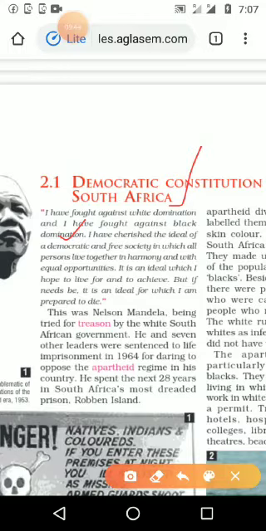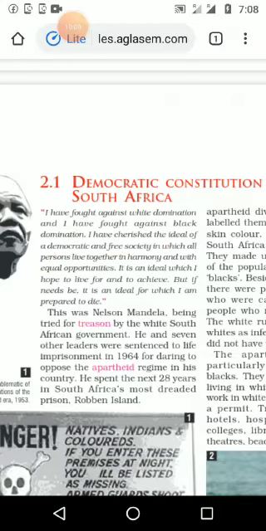I have cherished the ideal of a democratic and free society in which all persons live together in harmony and with equal opportunities. Please underline that sentence very carefully. What was his idea about South Africa?